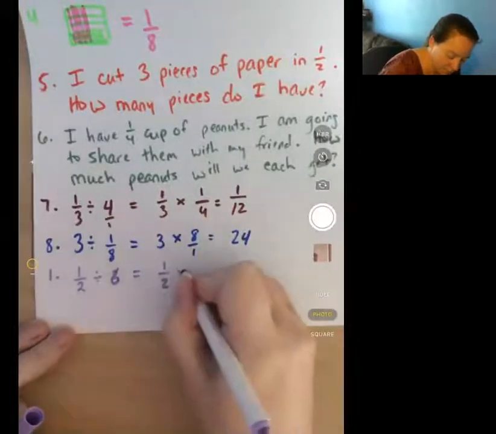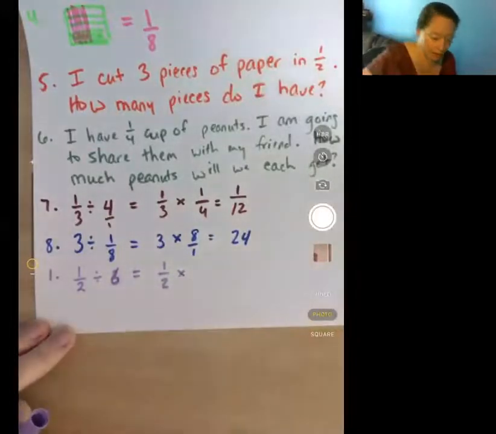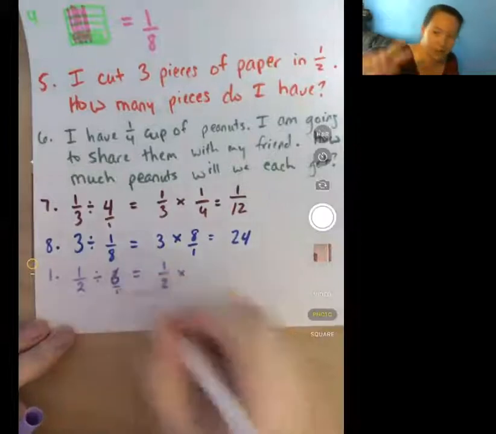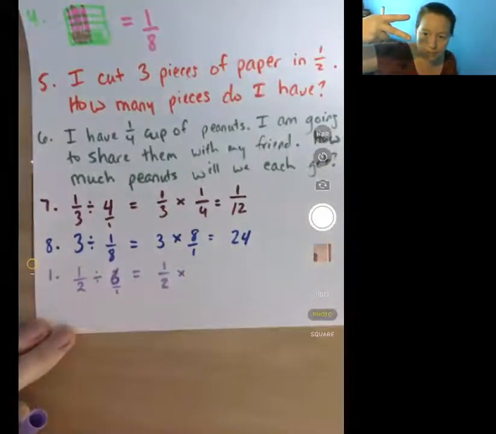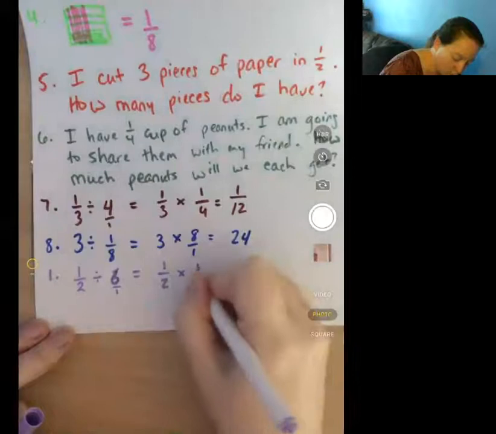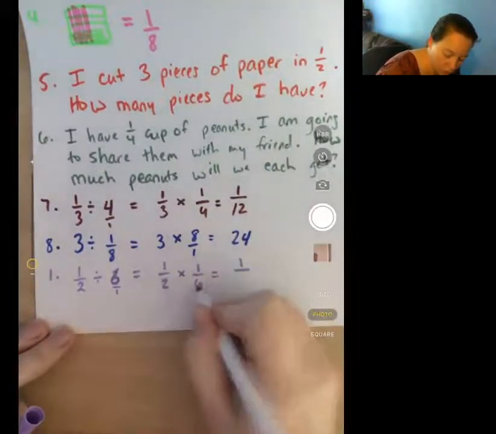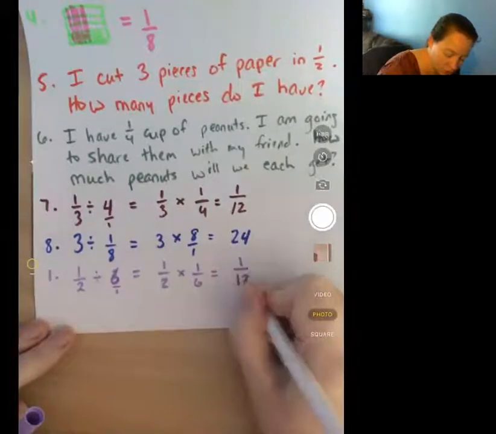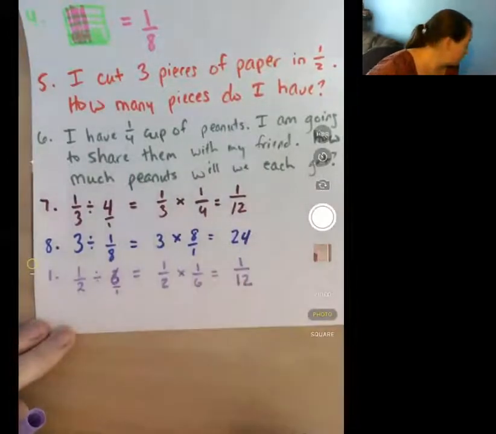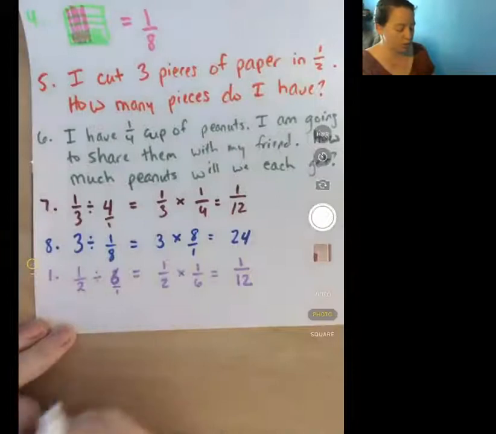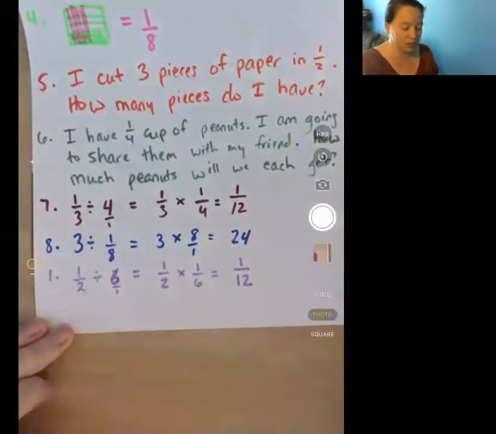Divide becomes multiply. 6 has an imaginary 1 underneath it. We flip it, so it becomes 1 over 6. 1 times 1 is 1. 2 times 6 is 12. So we end up with 1/12 of a gallon in each glass.